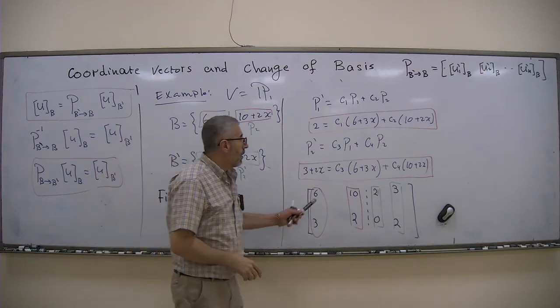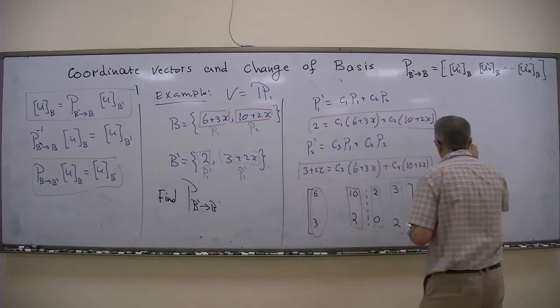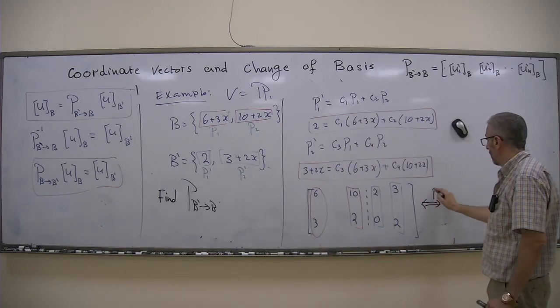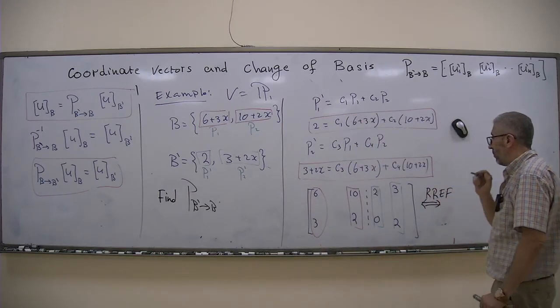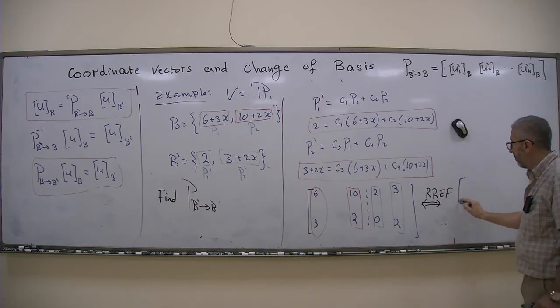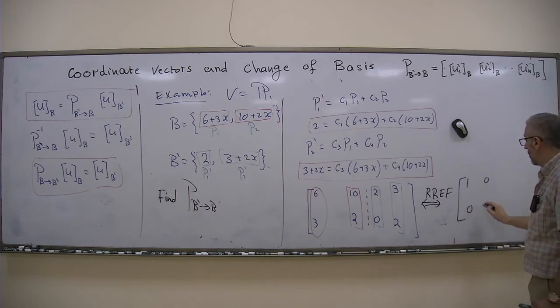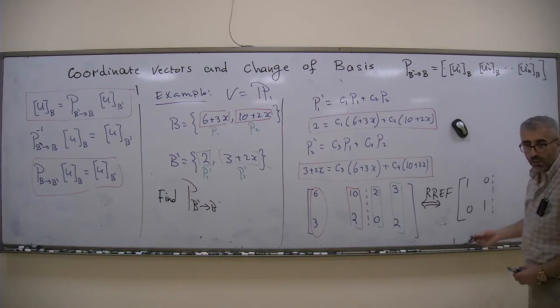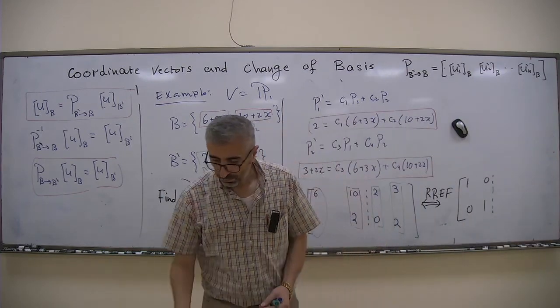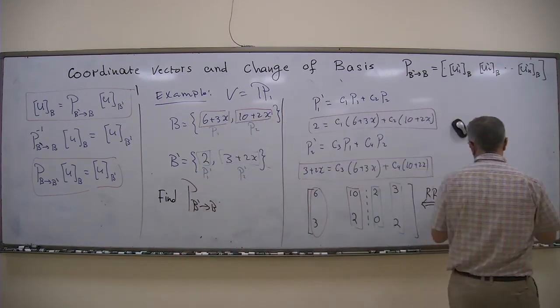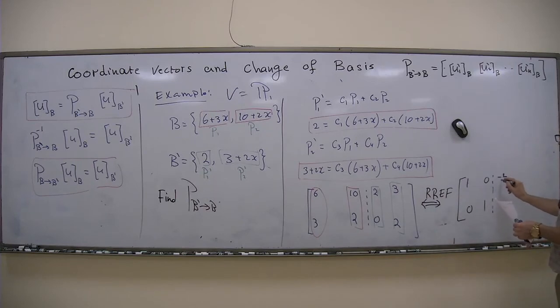So now do the reduced row echelon form. The reduced row echelon form is 1, 0, 0, 1, and here you get negative 2 over 9, 7 over 9, 1 over 3, negative 1 over 6.